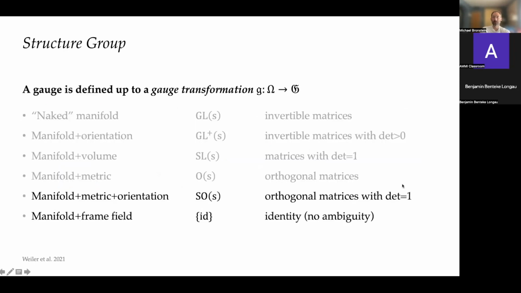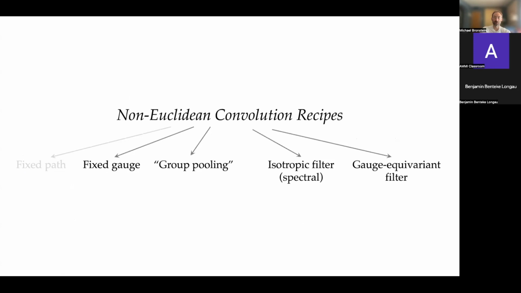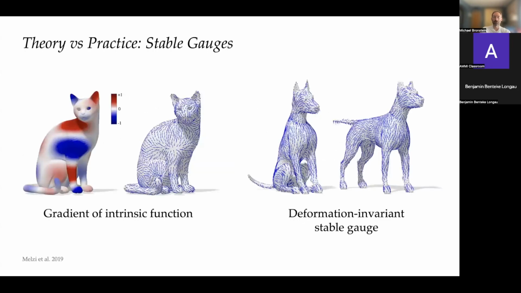Okay, so in practical situations, we deal with these two settings. We have either a manifold with a frame field, we'll talk about it in a second, or we have the SO3 or SO2 ambiguity, so local orientation preserving rotations. So here, as I said, we have several possibilities. We can fix a gauge, we can do group pooling, we can do isotropic filters, and we can do gauge equivariant filters.